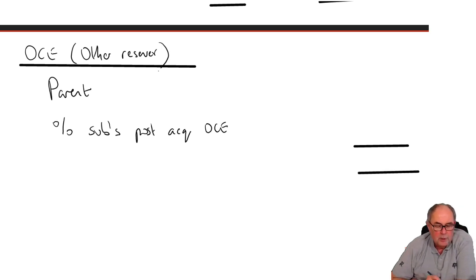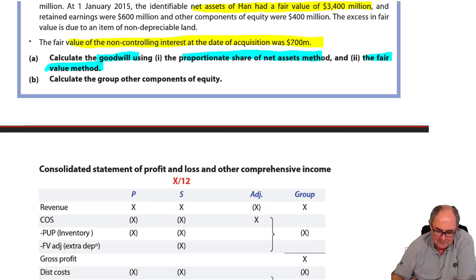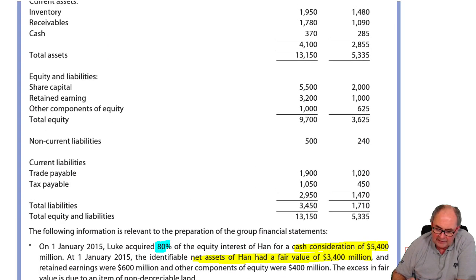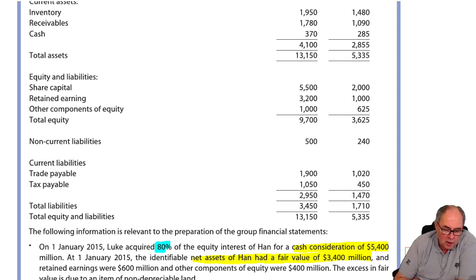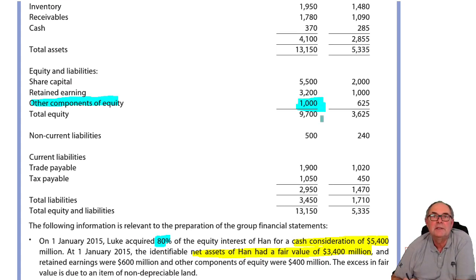Well, we'll go back to the scenario and we'll find the parent's OCE. There it is. It's like a jigsaw, isn't it? Well, a bit. Other components of equity, parent 1,000.